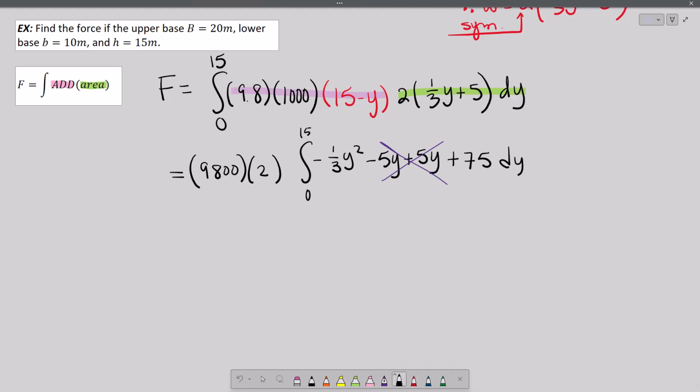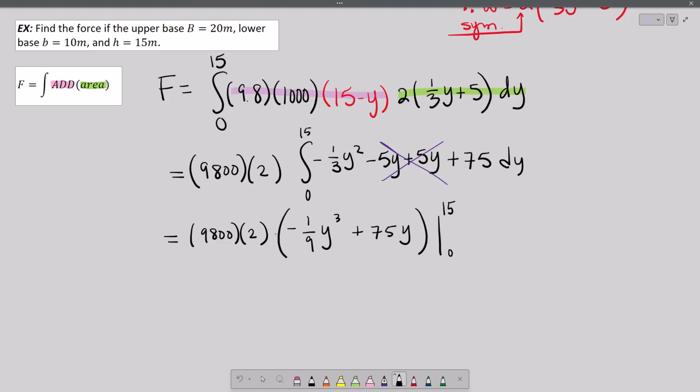We will do our integration. I'll leave the 9,800 times 2 here for a moment. Maybe there's going to be some cancellation. So this will be minus 1/9 y cubed. Add 1, divide by the new exponent. Here we'll get a 75 times y. And then our limits of integration, 0 to 15.